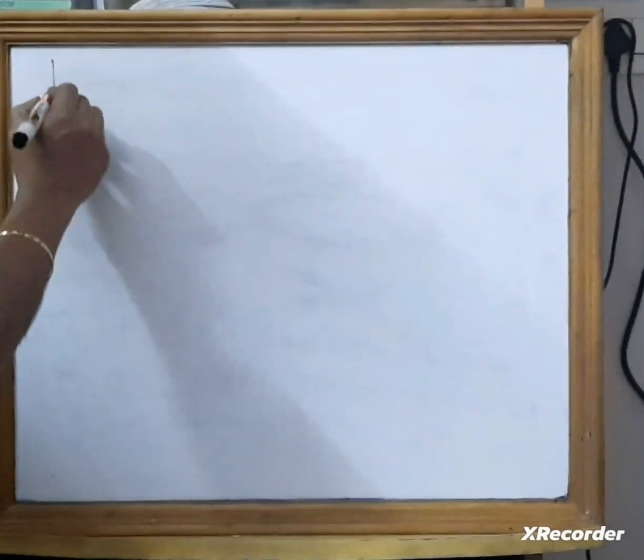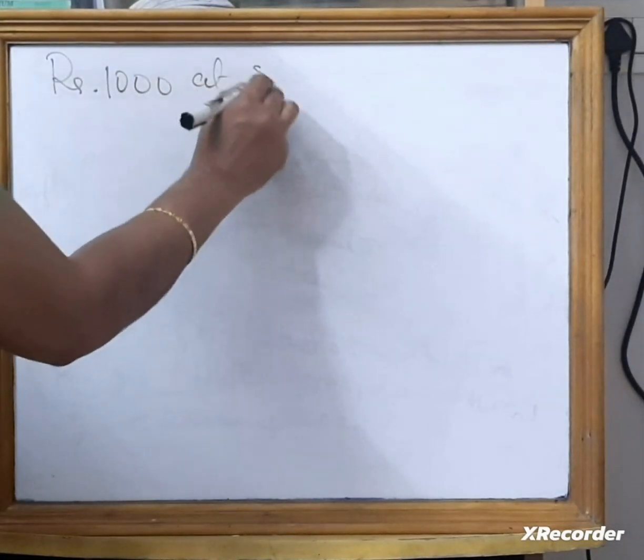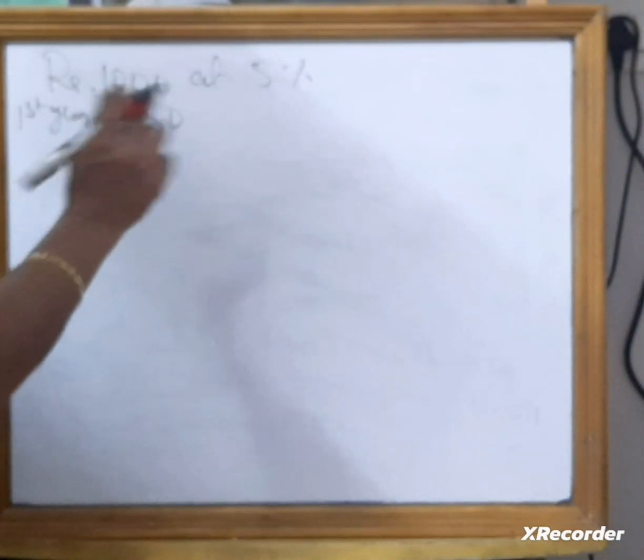Consider Mr. X invests in his savings bank account rupees 1000 at 5% interest compounded annually. At the end of the first year, he will have 1050 on his account.